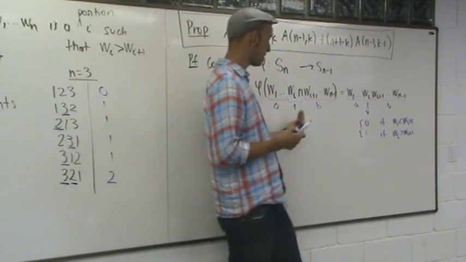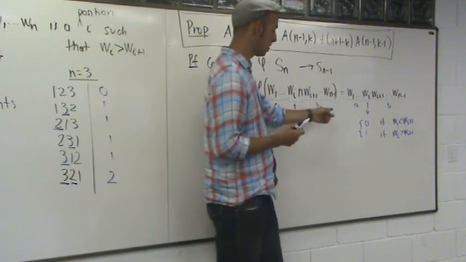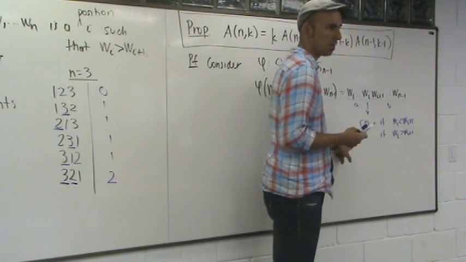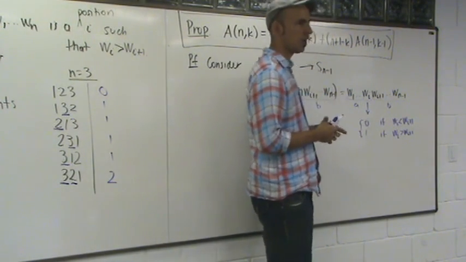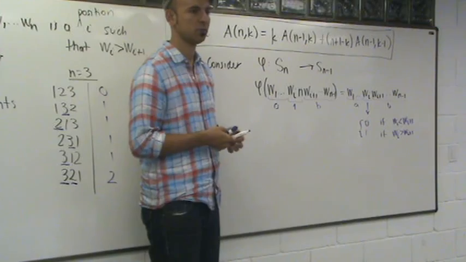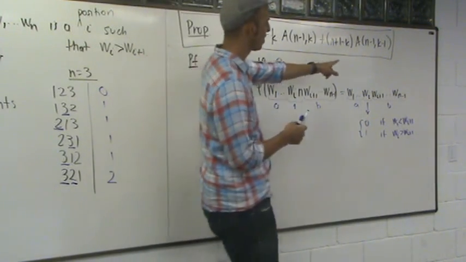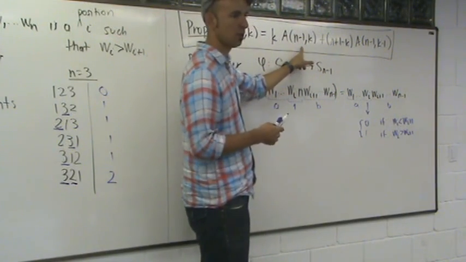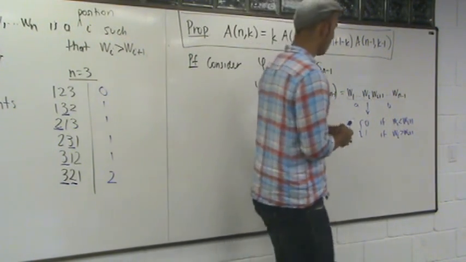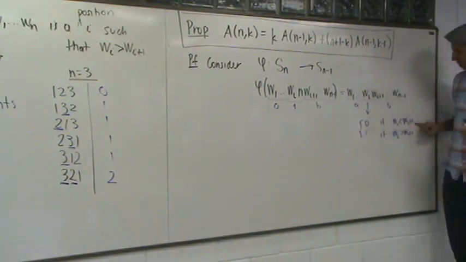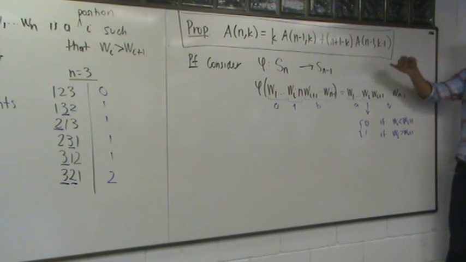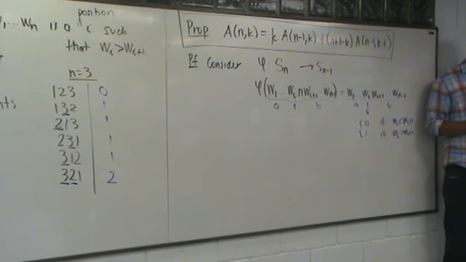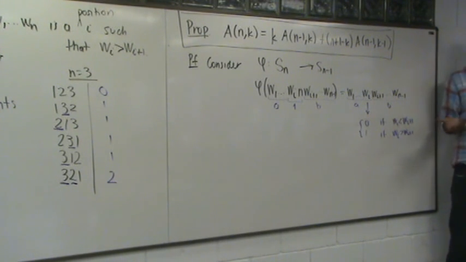Well, that means that if this guy has k descents, then this guy has k minus 1 descents in this case, and it has k descents in this case. And then you can kind of see how the proof is going to go. Because I have the case of k minus 1 here, and the case of k here. So presumably what happens is that in this case, I get this term, and in this case, I get that term.